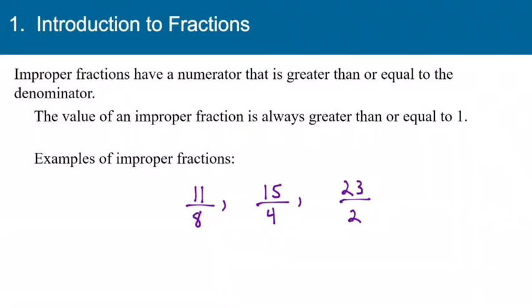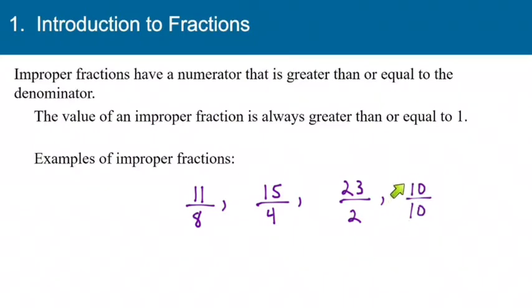But let's look at one more improper fraction. How about 10/10? This is also considered improper because the top number is equal to the bottom number. So in the case of 10/10, it takes 10 parts to make a whole, and we have all 10 parts.